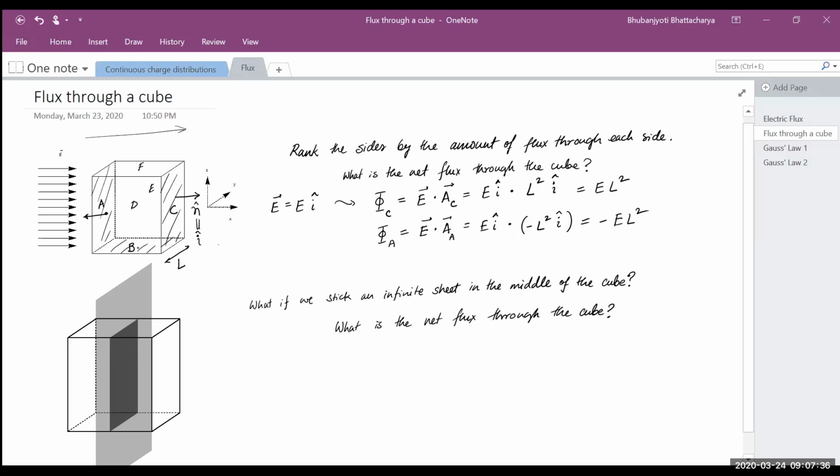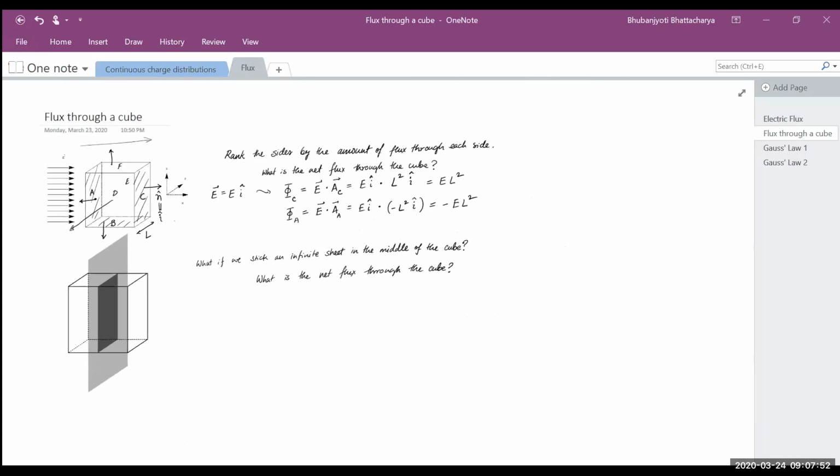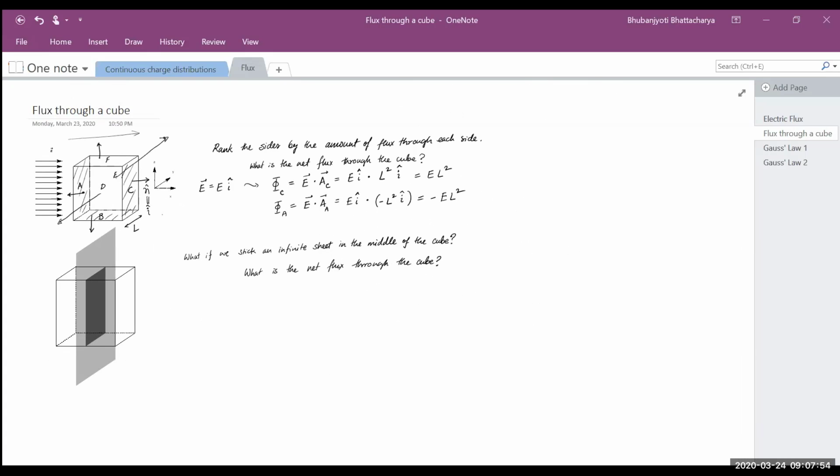Let's do it for B and F. For B, the normal vector is pointing like this. For F, the normal vector is pointing like that. For D, the normal vector is pointing like that, and for E, the normal vector is pointing like that. So phi F is going to look like E vector dot A F. And E is the same, E is E I hat.